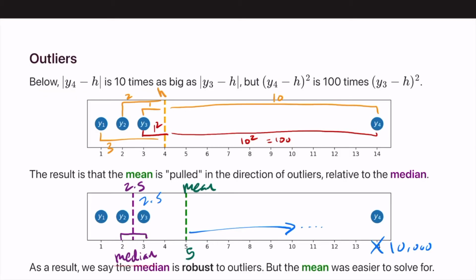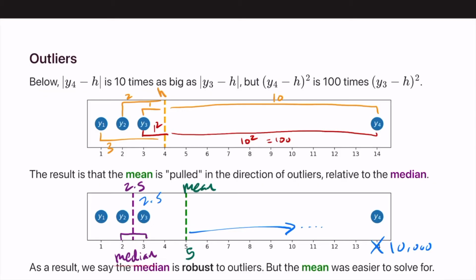It doesn't really matter. All that matters is how many numbers are on each side of the median. In this case, 2 on the left, 2 on the right. So Y4 and also Y1 could take on whatever value. Y2 and Y3 and the area between those two will always be the median. The mean, though, gets shifted drastically based on these extreme values, these outliers.